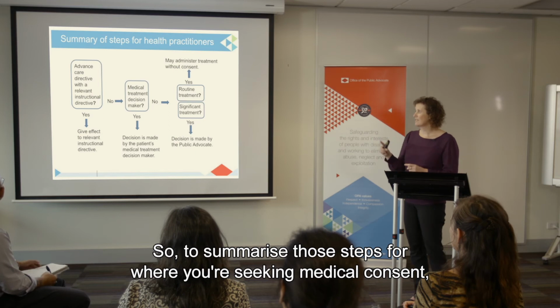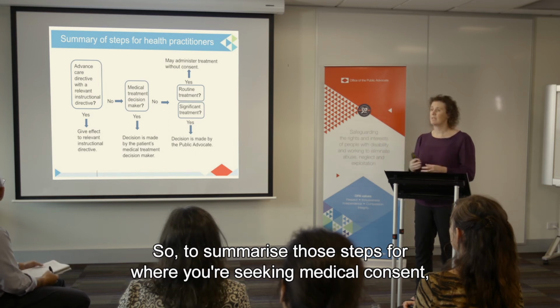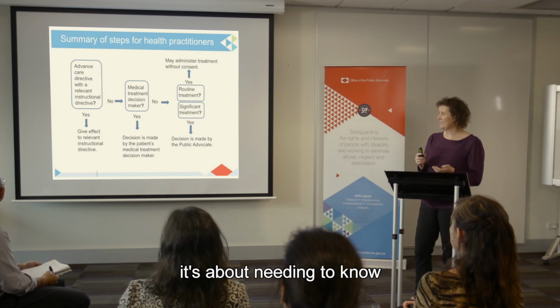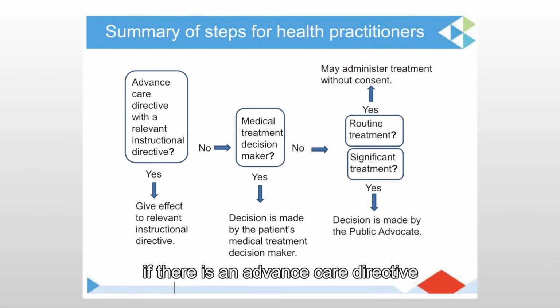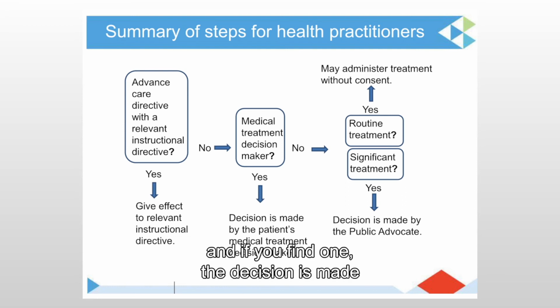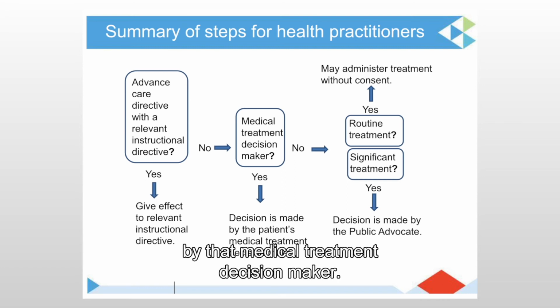So, to summarise those steps for where you're seeking medical consent, it's about needing to know if there is an advanced care directive with the relevant instructional directive, and if so, you follow what that instructional directive has told you about consenting or refusing treatment. If there isn't one or it's not relevant, you then have to search for a medical treatment decision maker, and if you find one, the decision is made by that medical treatment decision maker.